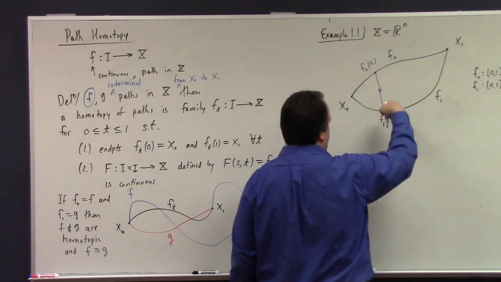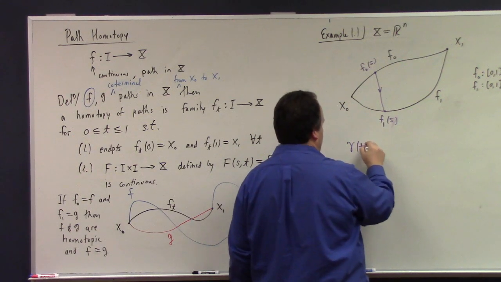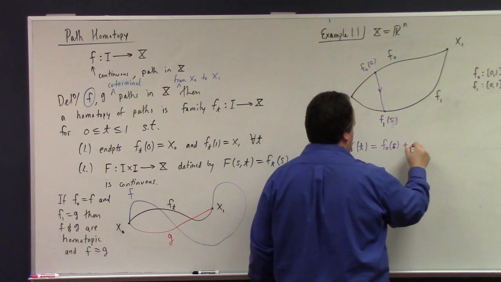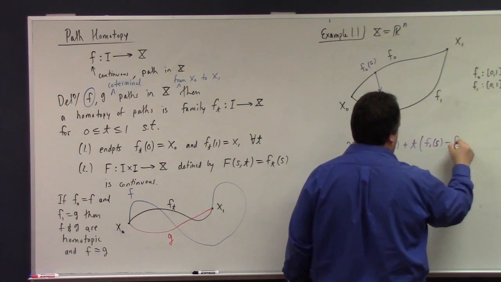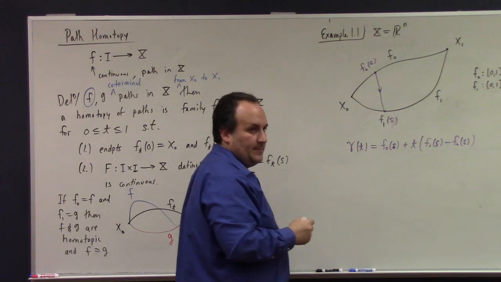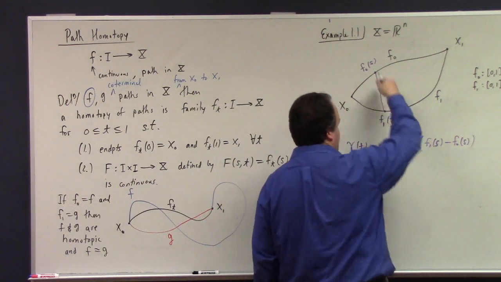What would the parameterization of that be? I'll use gamma of t for a second here. I do f naught of s plus t times f1 of s minus f naught of s. That's the formula for the parameterization of the line segment.